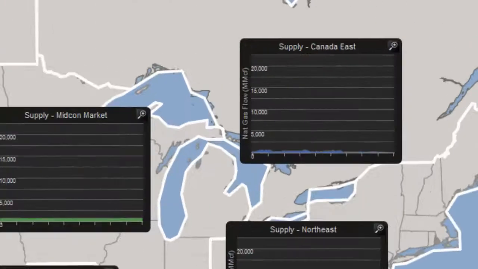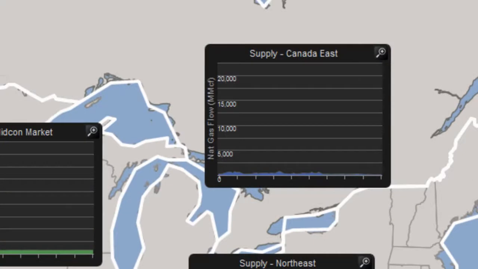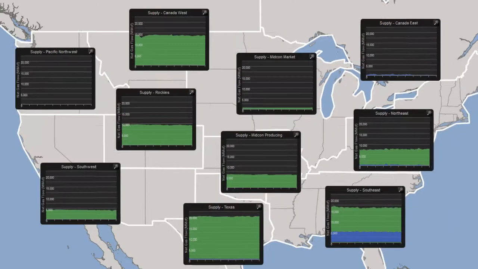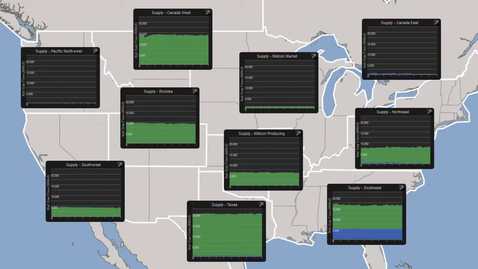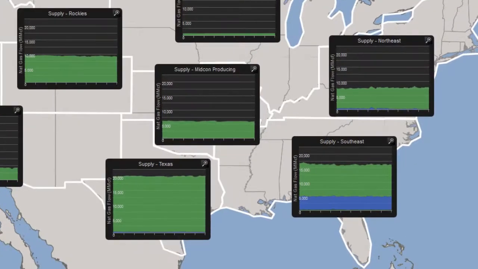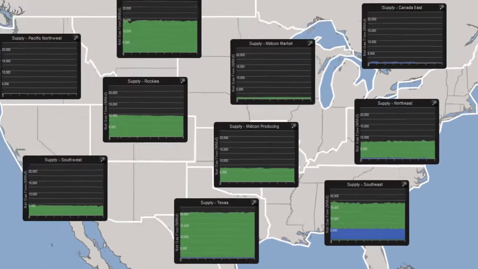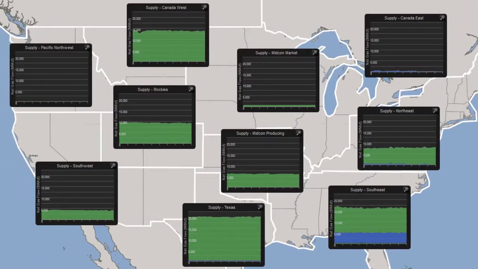From this, you can see that large fluctuation in the Eastern Canadian market really doesn't mean a lot in terms of the overall North American supply picture when put in perspective to the large amount of supply that's coming into Texas from the Southeast, supply from the Southeast in general, as well as other markets in the United States. But supply itself doesn't generally vary a whole lot on a daily basis, and even on a monthly basis in a lot of perspectives.